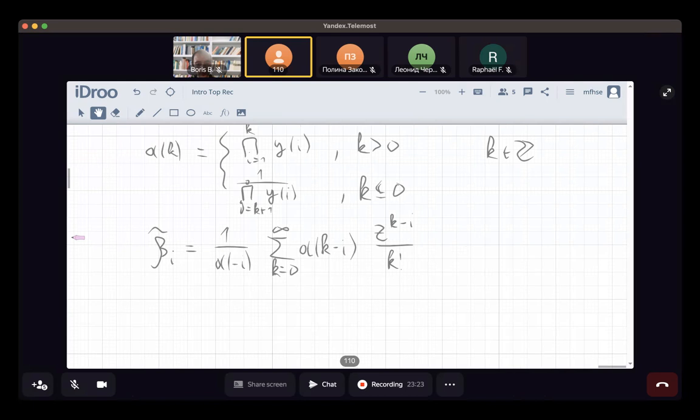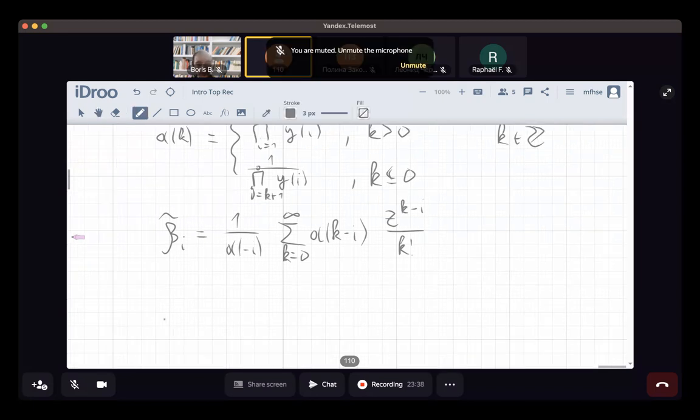How to see this? Is it true for every function y? Yes, this will work for any function y. We will need this later, but in fact this reasoning works for any function y.